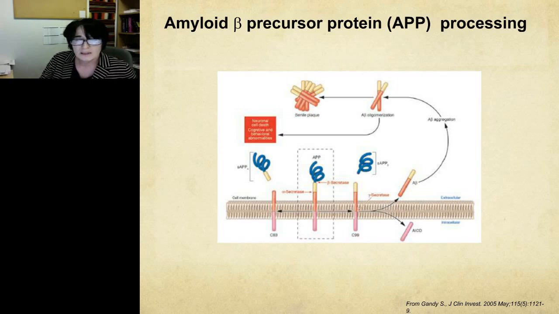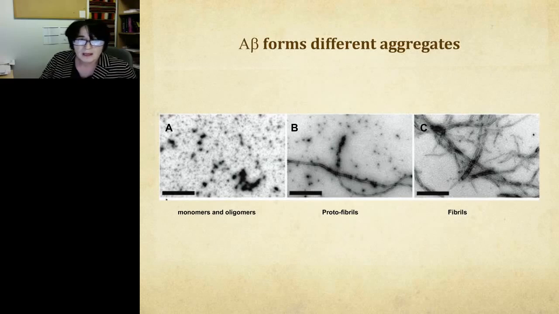A-beta is usually around 40 to 42 amino acids long, and the longer forms of the peptide form aggregates more readily. On this slide are shown micrographs of different stages of A-beta aggregation. Here is shown a mixture of A-beta monomers and oligomers.